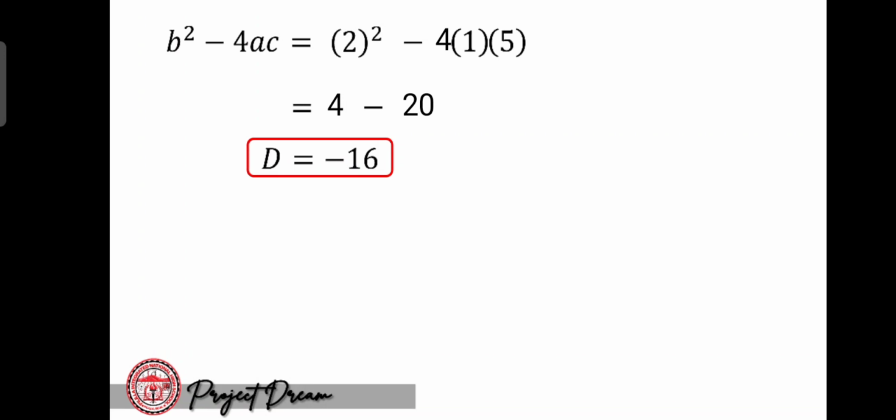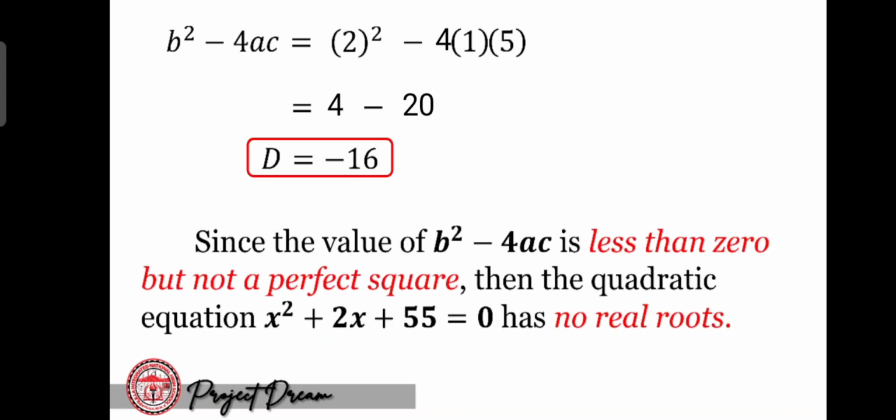Since the value of our discriminant is less than 0, but not a perfect square, then the quadratic equation has no real roots, or it is imaginary. Let us find out if it really has no real roots.